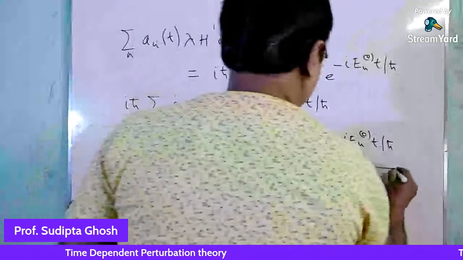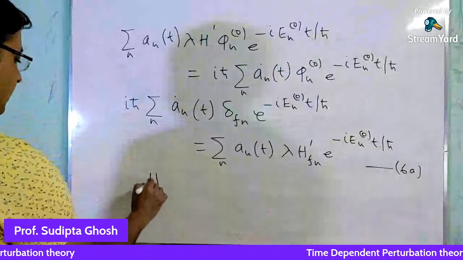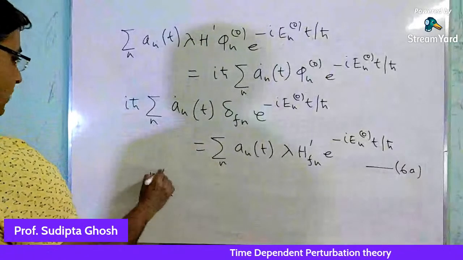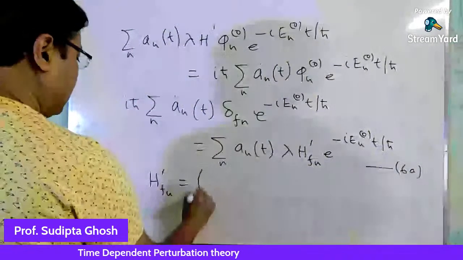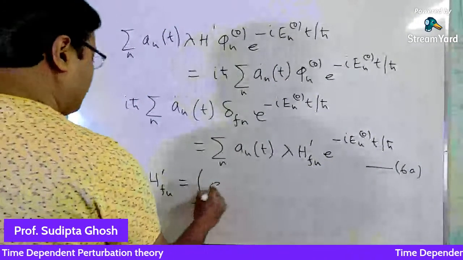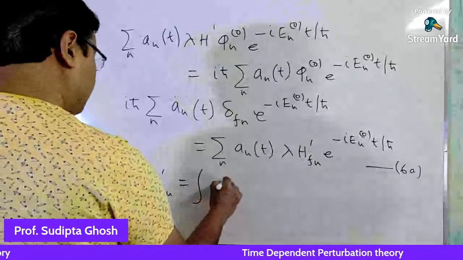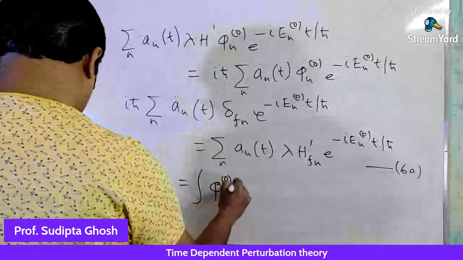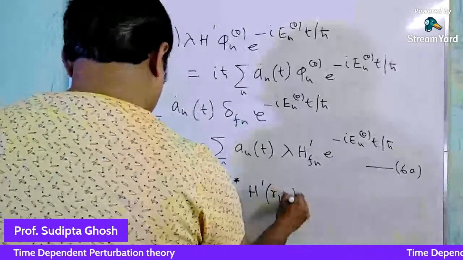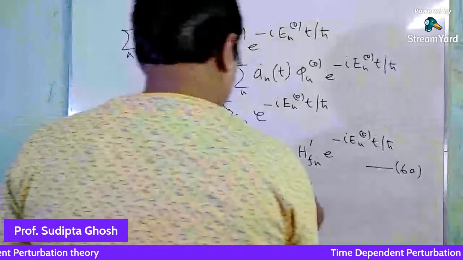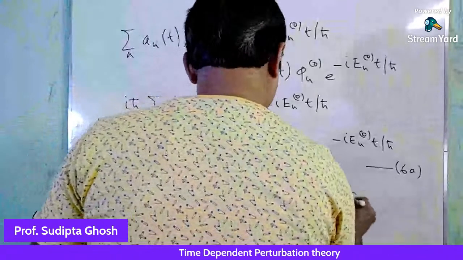Let it be equation 6a, where H prime fn is actually the integral value of phi f0 star, H prime r t, phi n0 d tau.